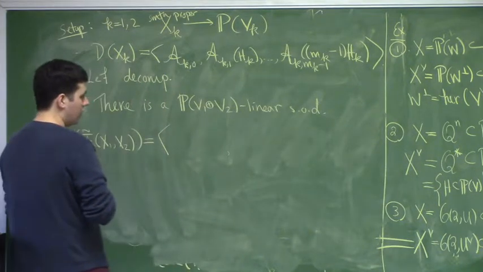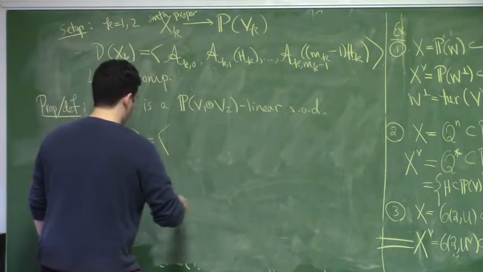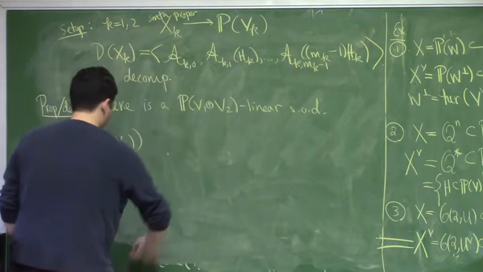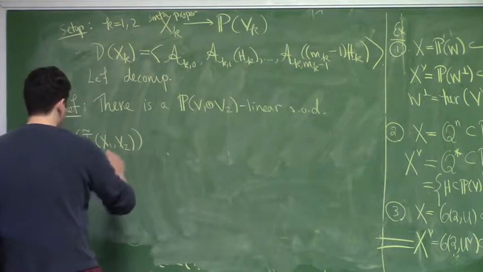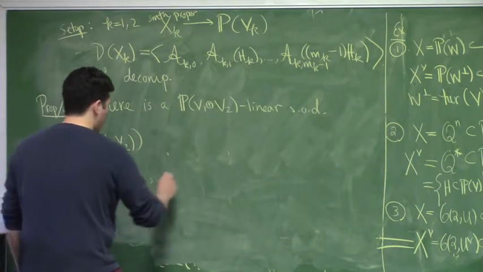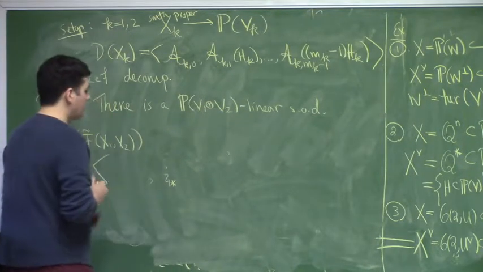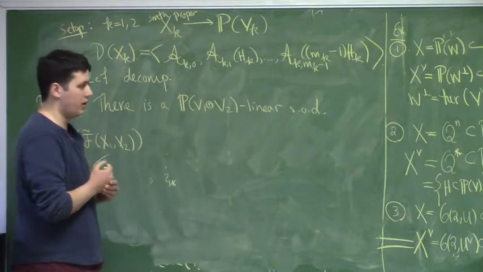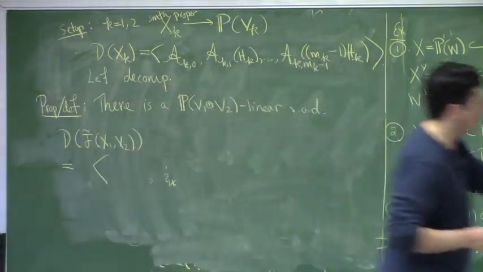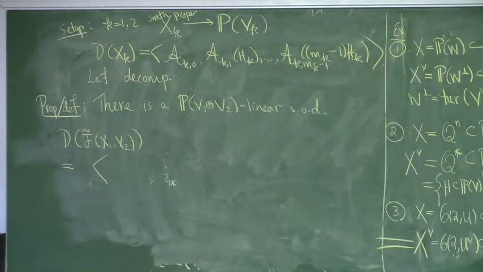There are a bunch of terms in this decomposition. Let me move to the next line so I have room. There will be some terms pushed forward from each of the exceptional divisors. So let me call I sub k this embedding of the exceptional divisor ek.